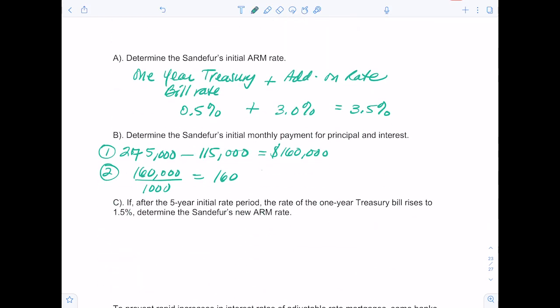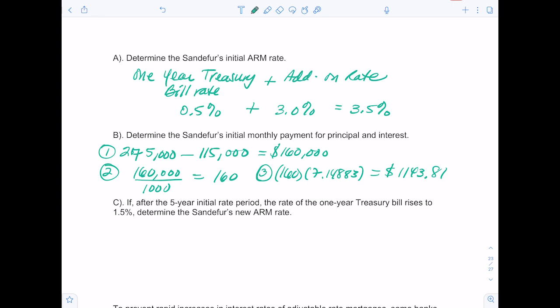So step 3, I'm going to take 160 and multiply it by that number. And that's going to give me $1,143.81. So that's the initial monthly payment for principal and interest.